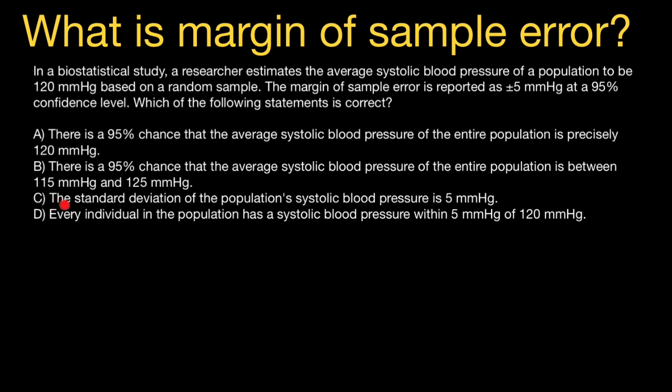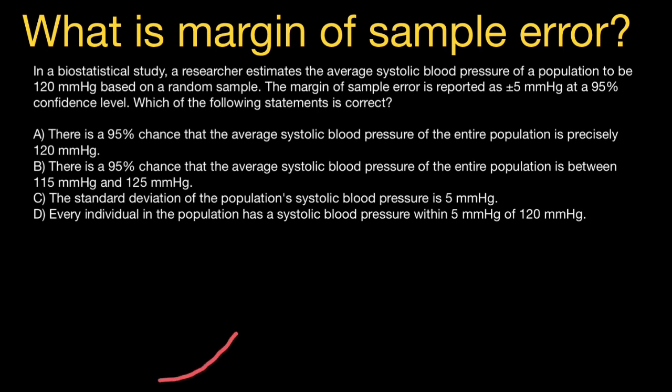Variant C, the standard deviation of the population systolic blood pressure is 5 millimeters of mercury. And variant D, every individual in the population has systolic blood pressure within 5 millimeters of 120 millimeters of mercury.